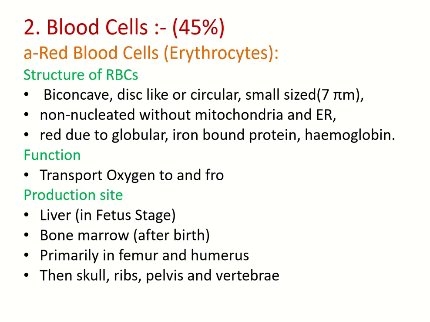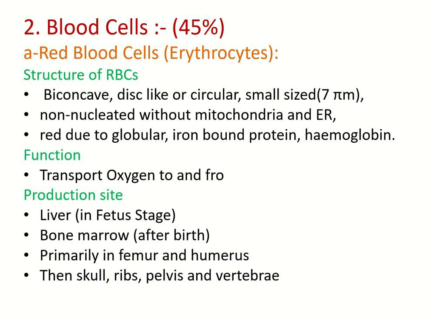Number one, RBCs, red blood cells, which are also called erythrocytes because erythrin means red color and cyton means cells. So you can say these cells are red in color. Structurally, these are disc-like or circular, rounded in shape, biconcave, and smaller in size, about 7 micrometer in diameter.